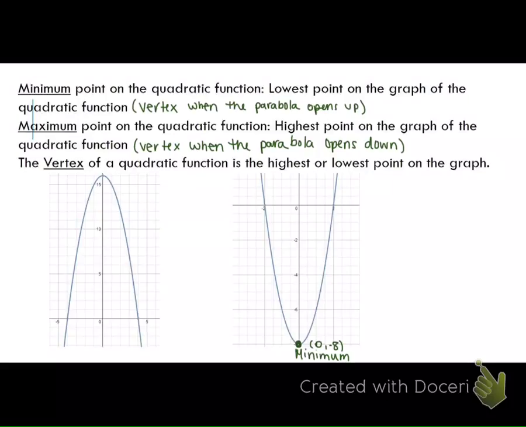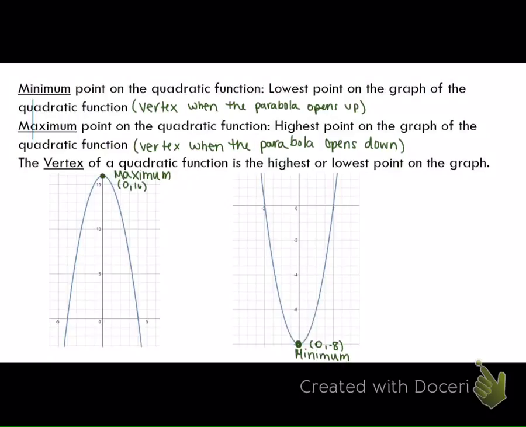You'll notice that this first graph here is opening downwards, and that vertex point is the highest point, which is why it makes it a maximum, which is at (0, 16).